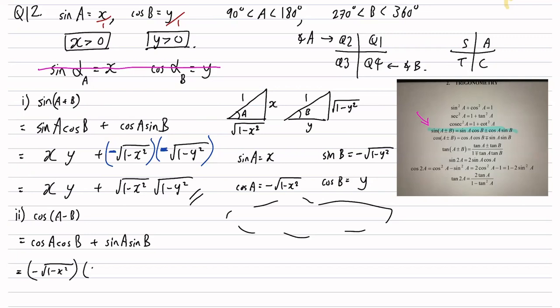Cosine B is y. Plus sine A is x. Sine B is negative square root 1 minus y squared. Okay? That's your answer already. I mean, if you want, you can simplify a negative y and negative x, but that's the answer already. Done. Okay? And now moving on to part 3.